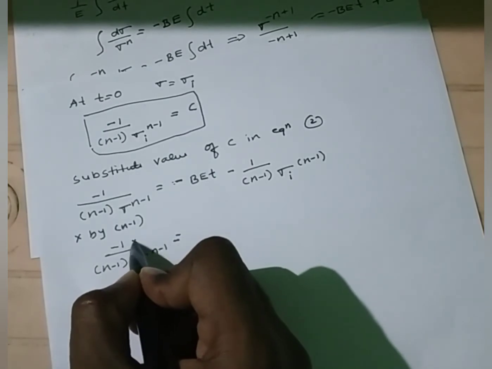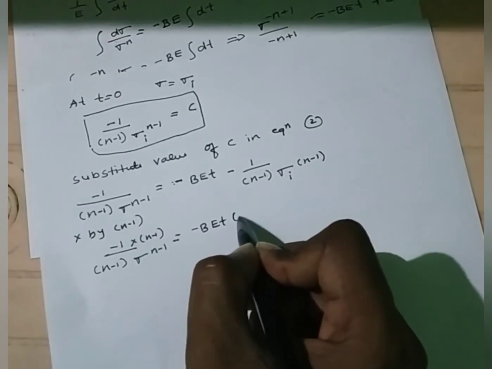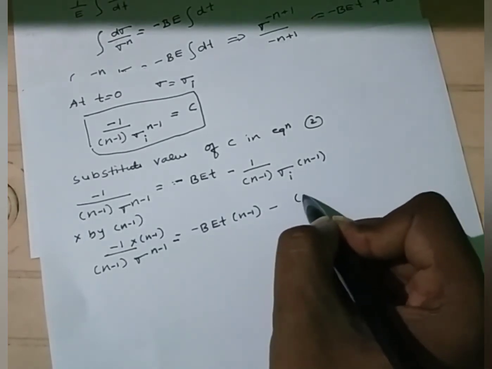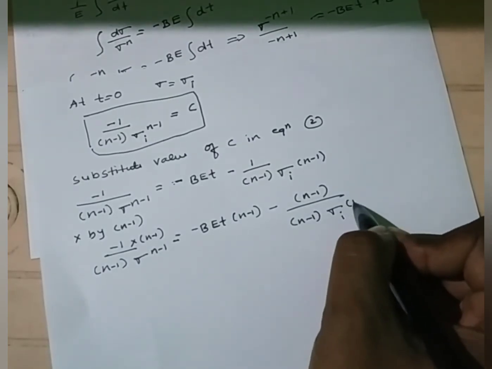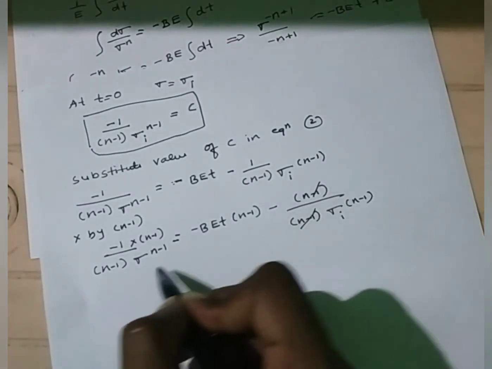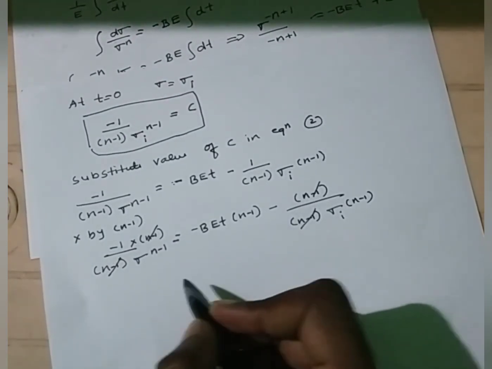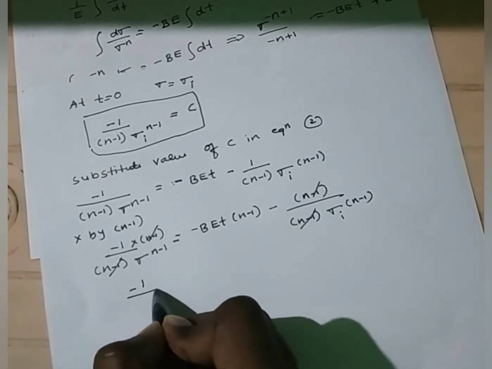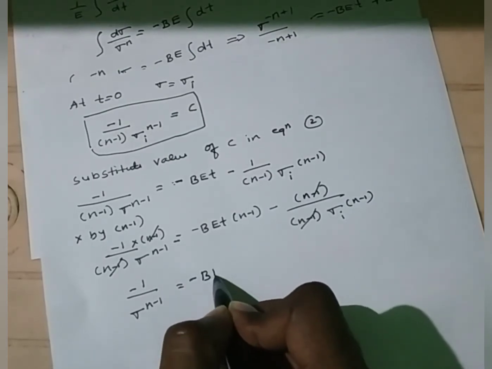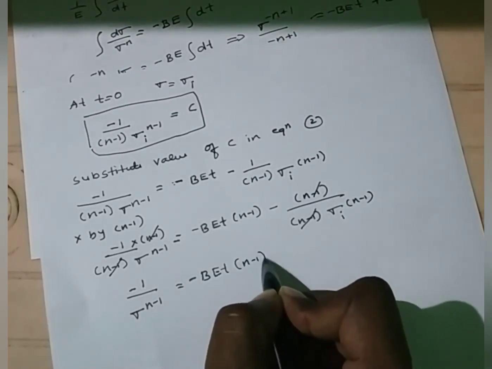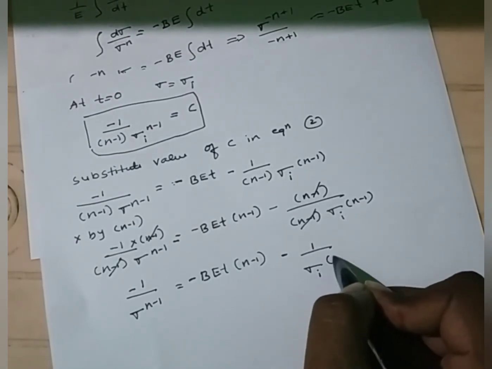What happens here, we will get minus 1 divided by sigma power n minus 1 equals minus Bt into n minus 1, minus 1 divided by sigma i power n minus 1. The n minus 1 gets cancelled.